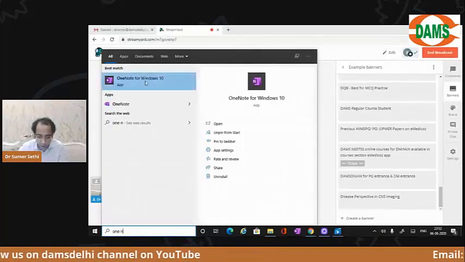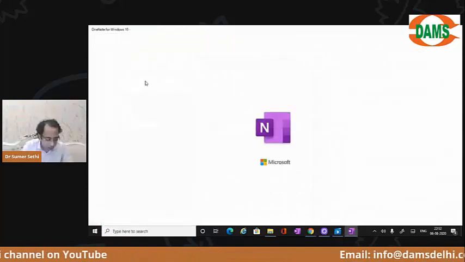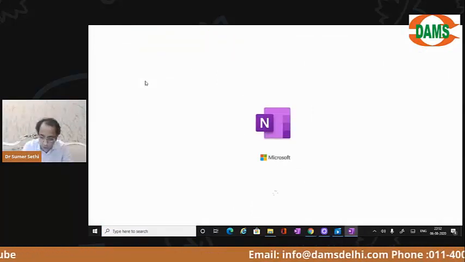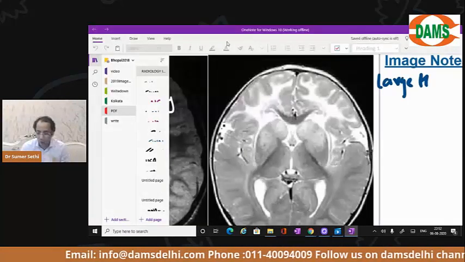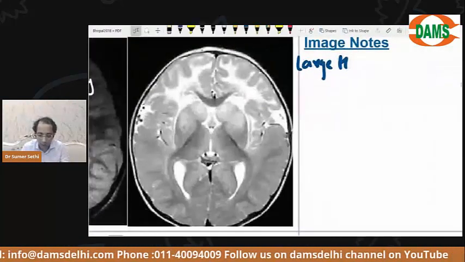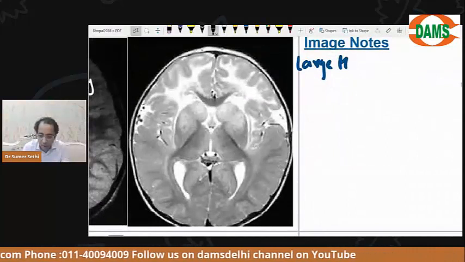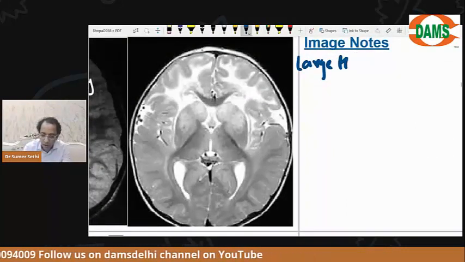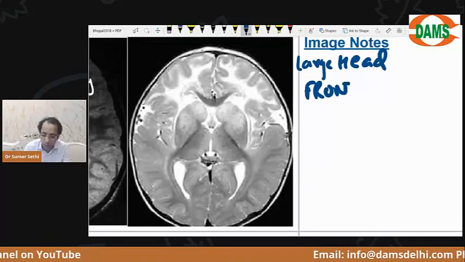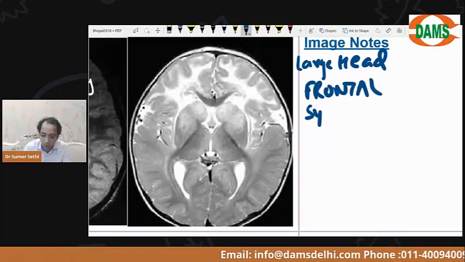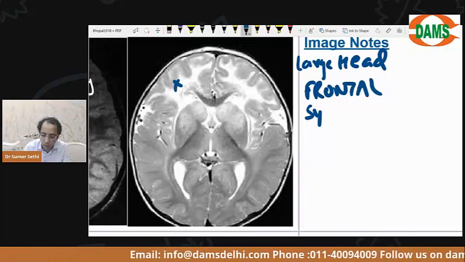Which lobe? Is it occipital lobe or is it frontal lobe? Where do you think? Where is the problem in the image? Is it occipital lobe or the frontal lobe? Okay, so in this child with large head, let me just open the pen. Yeah, there is frontal predominant symmetric white matter abnormality.